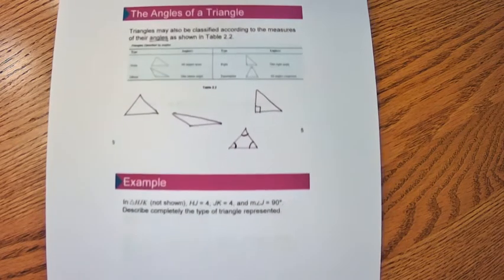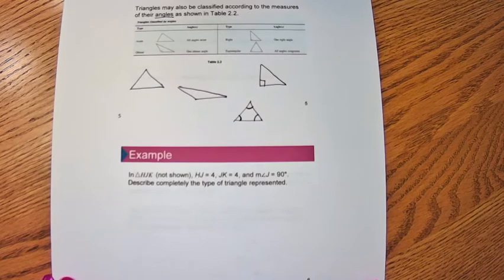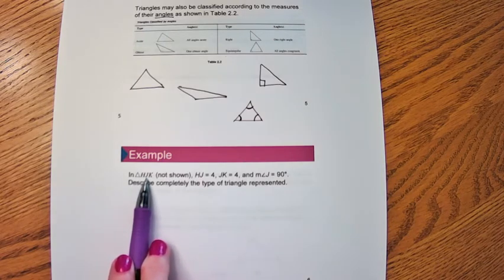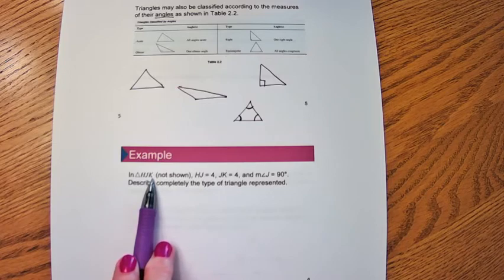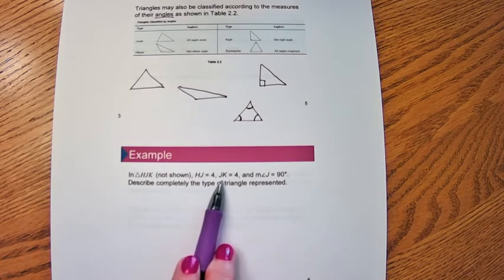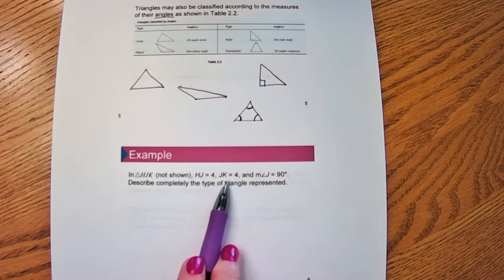So if we're going to fully describe a triangle, we're going to describe it based on its sides and its angles. So here I have triangle HJK. So we're going to draw this. It's not shown. We're going to have to draw it. We are told the measure of segment HJ is 4. And we're told that the measure of segment JK is 4.